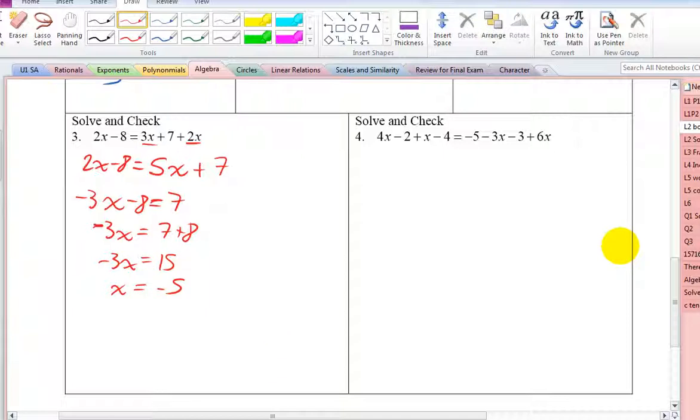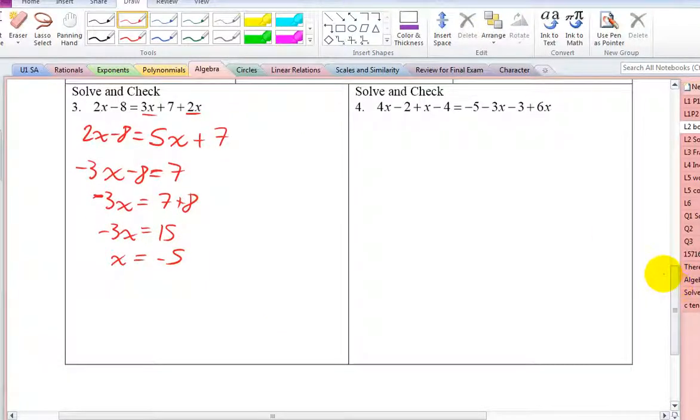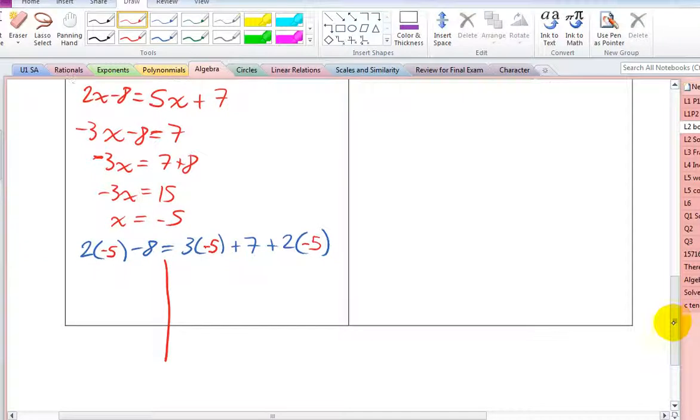What? x equals 95, yeah. Oh, just kidding. Nope. Okay, once you solve, now you have to check. So start with the original and substitute in. And don't forget the Great Wall of Check.